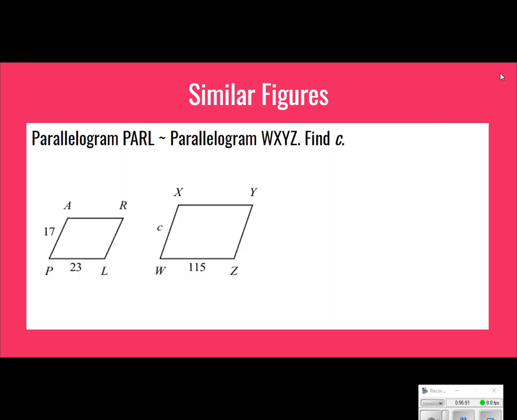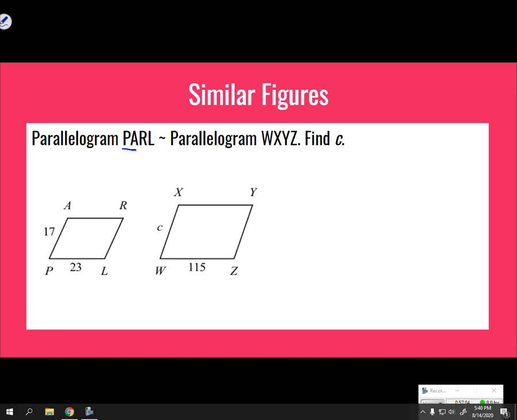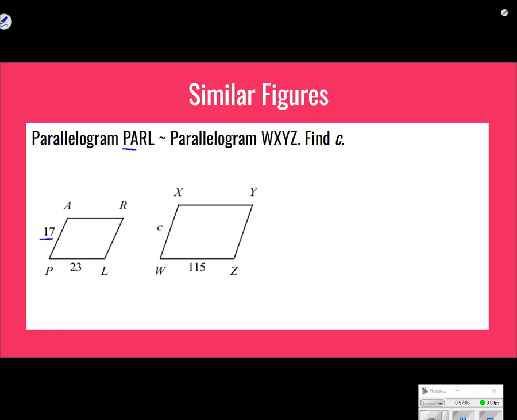All right, we can do these with shapes. And usually I start with the small shape and then the big shape and try to find its matching side. You can pay attention to the letters, like PA is this side, and the first two letters WX, that's this side, and they correspond with each other like that.